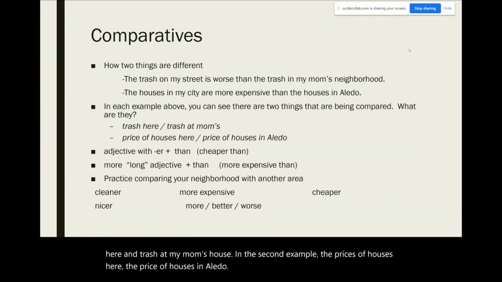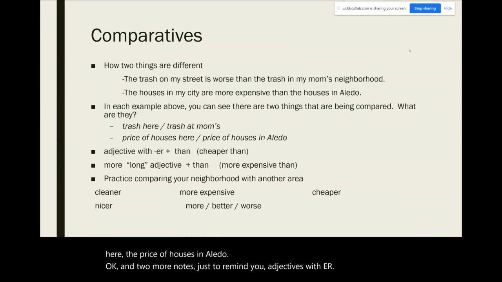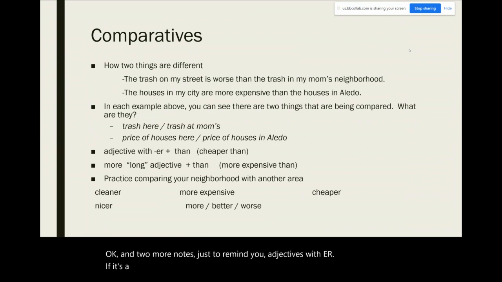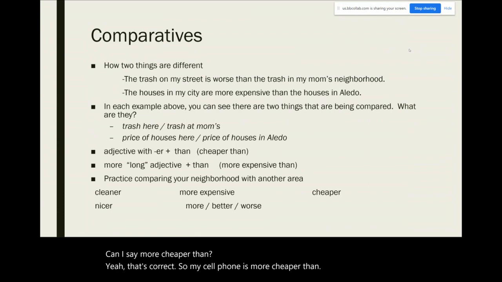Okay? And two more notes just to remind you, adjectives with ER, if it's a short adjective. Cheaper than, bigger than, taller than. Can I say more cheaper than? No. That's correct. So my cell phone is more cheaper than Alan's cell phone?